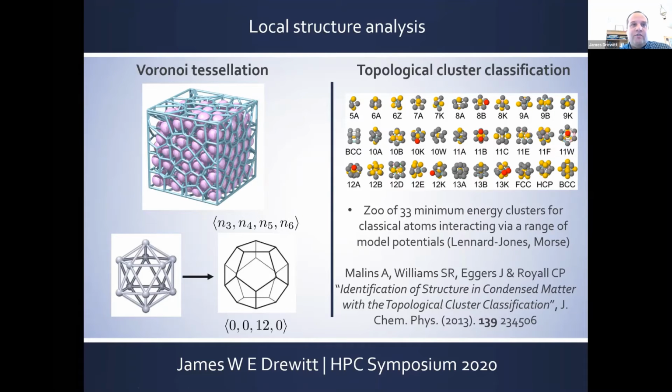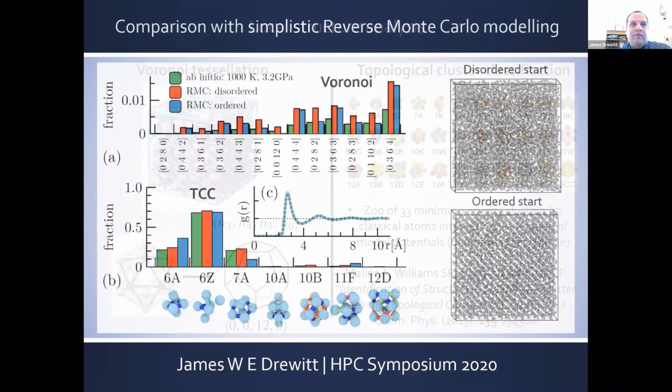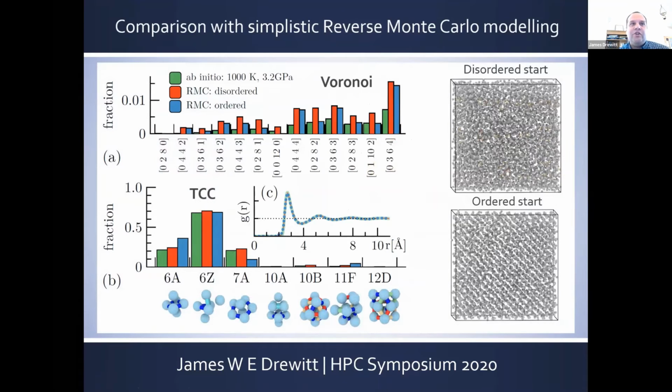So just as an example of other methods used, recent studies of local structure of liquid gallium and other liquid metals at elevated pressure typically employ simplistic reverse Monte Carlo modeling methods.